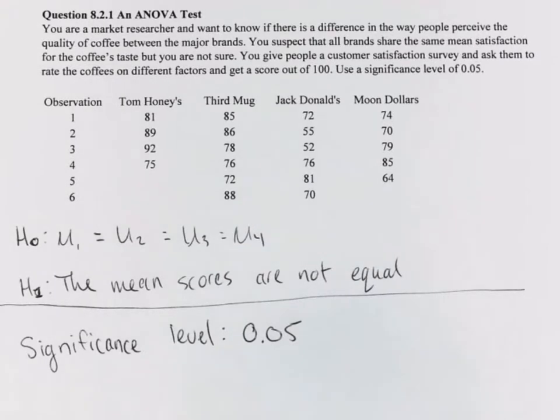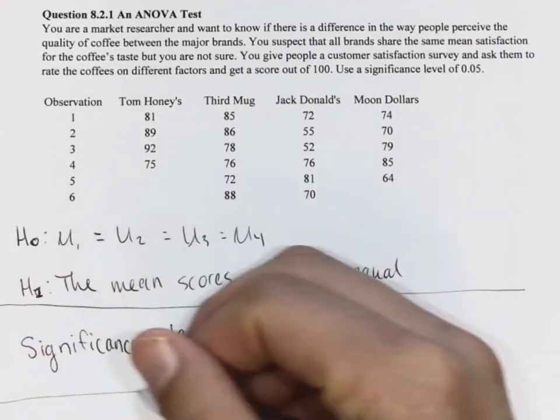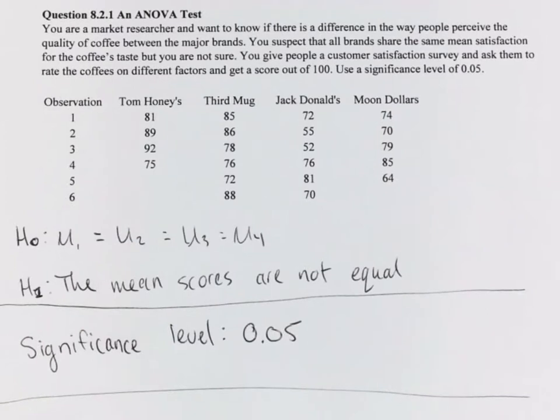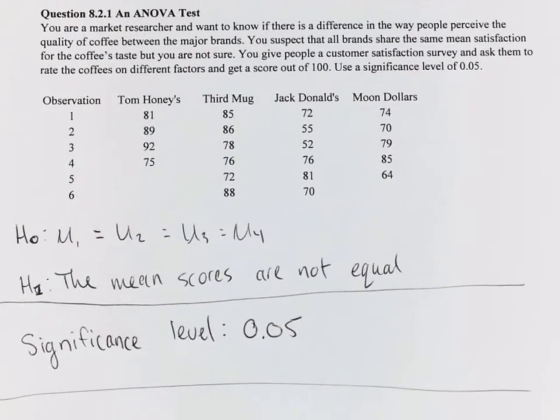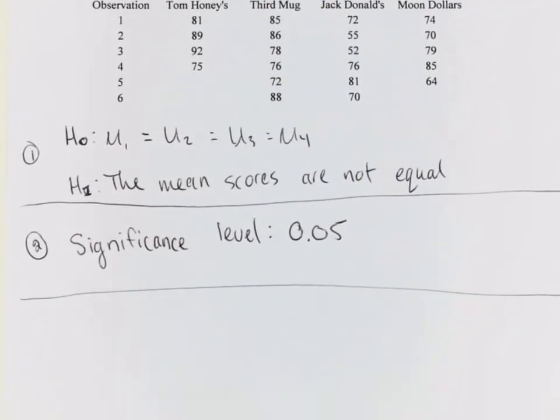Step 3 is we need to determine the test statistic. So now our test statistic will be what we would find in the F distribution table.